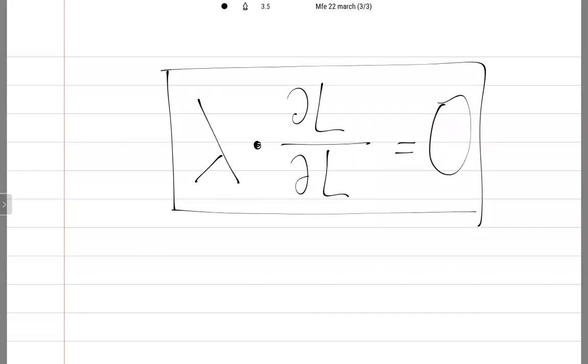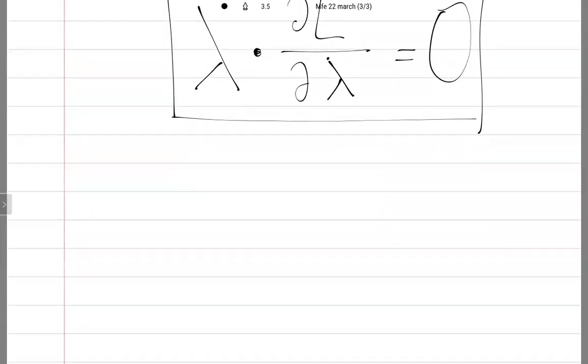You wrote dL over dL. Yeah, I wrote nonsense, it was a mistake, you're right. Okay, that's the main rule. At least one of them should be zero: either lambda, or dL over d lambda, or both. But it cannot be that both of them are not equal to zero.